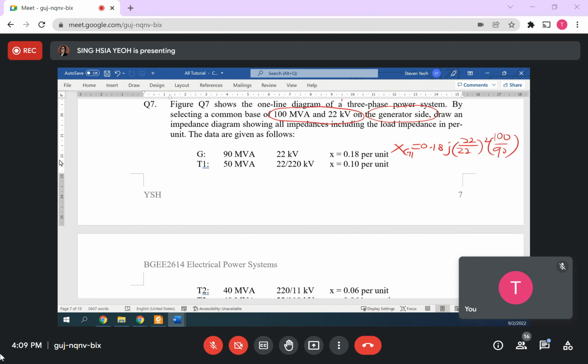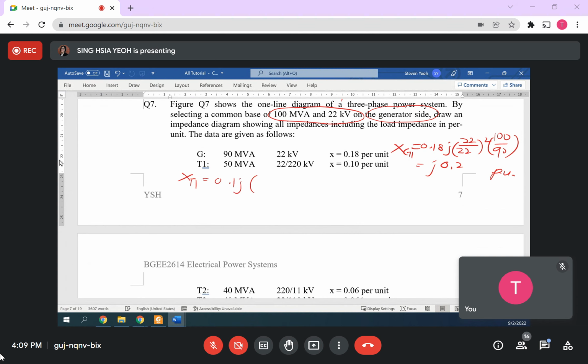Okay, then XT1 is j0.2 pu, should be 0.2. Can you get this? Then XT1 0.1 j.